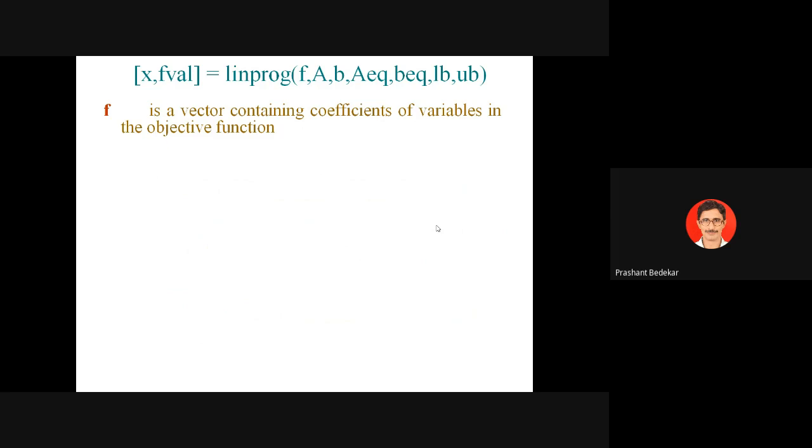If my objective function is 3x1 plus 4x2 minus 3x3, that is my objective function, so F will be a vector that will contain the coefficients, meaning 3, 4, minus 3. That is F, the coefficients of variables in the objective function.